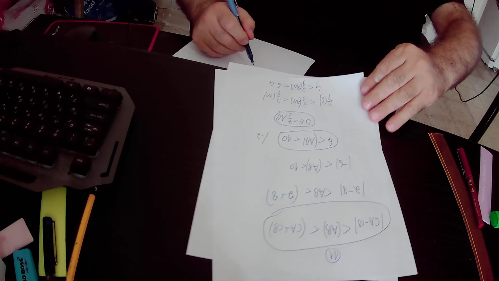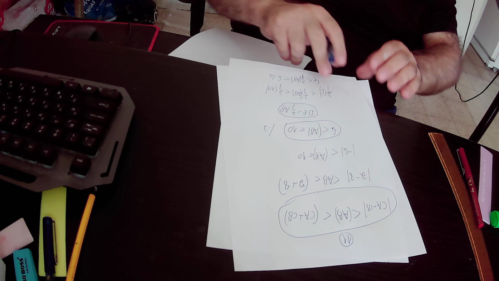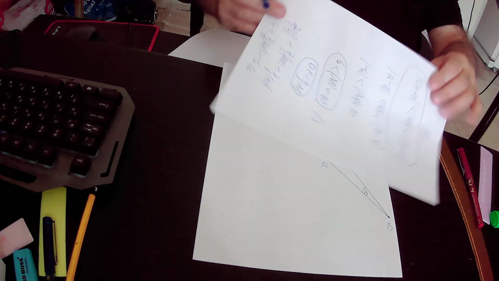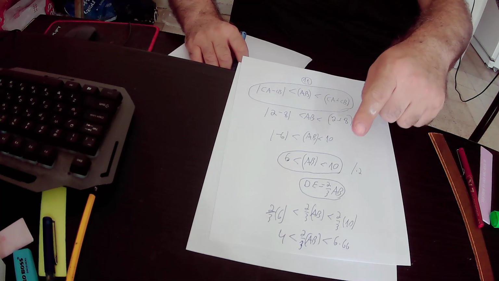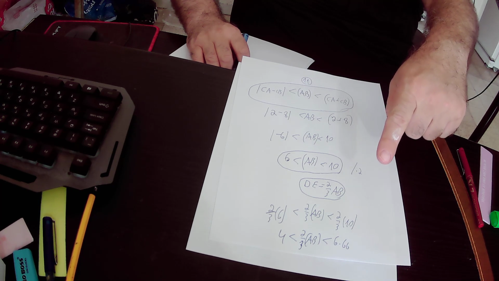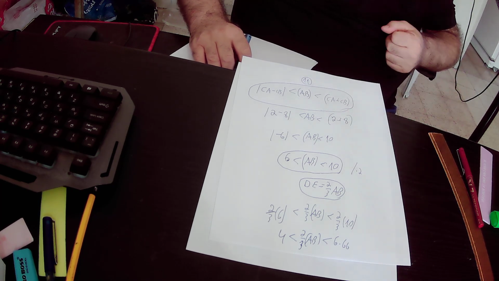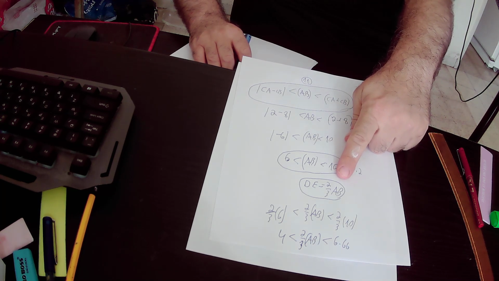So we got that 2/3 AB is greater than 4, and it is smaller than 6.66. But what is 2/3 AB?